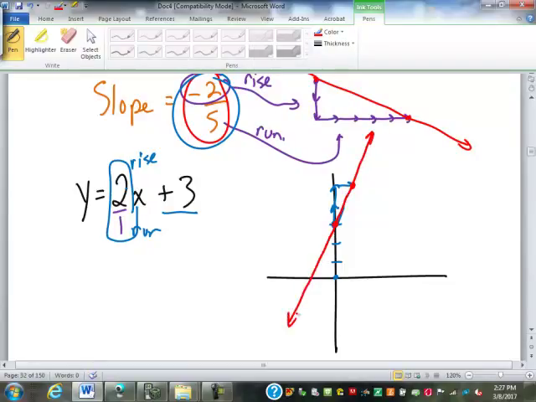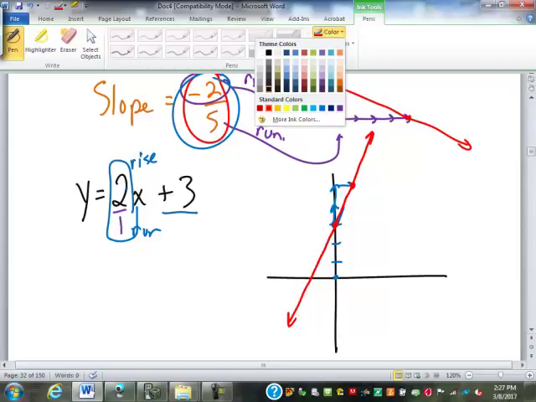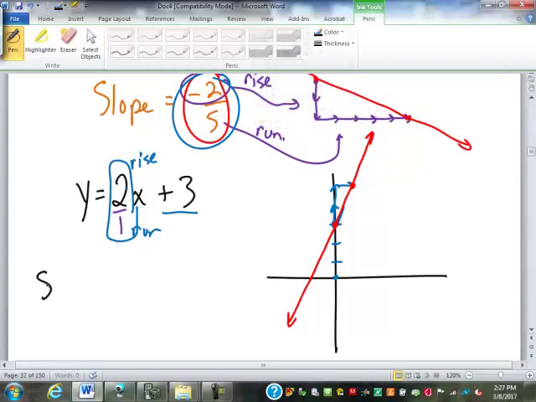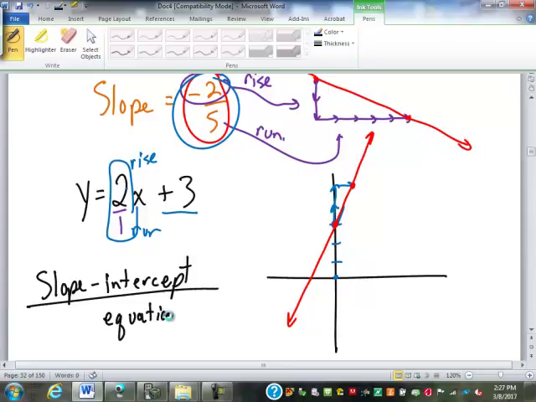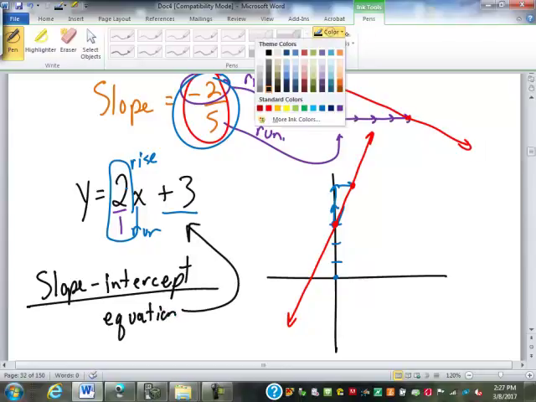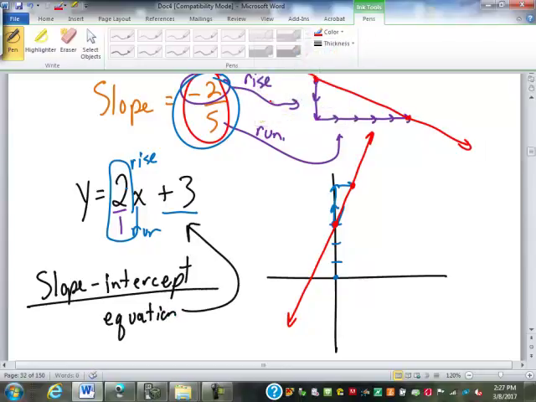So that's our line. This is what is actually referred to as slope-intercept graphing. And this is actually called a slope-intercept form of an equation, where we have it solved for y. The slope-intercept equation has to be in the form y equals something times x plus a number.